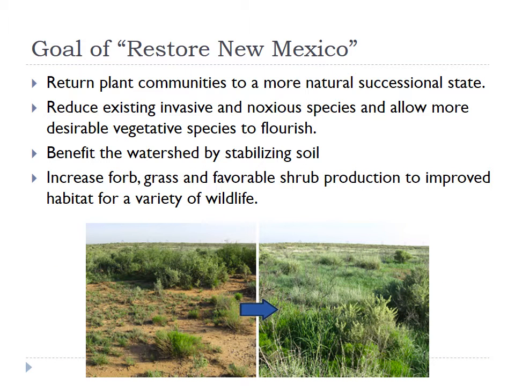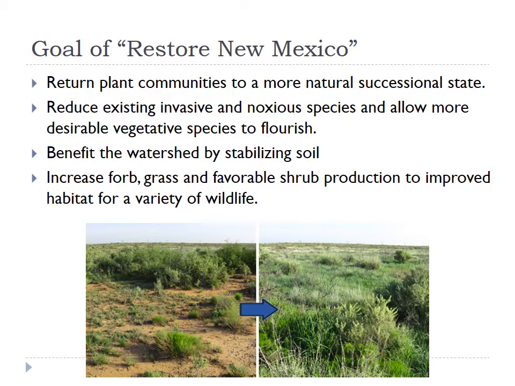The land managers then in New Mexico, led by the Bureau of Land Management, decided to try to do something about it. They wanted to return those plant communities to a more natural or historic successional state. They were especially worried about invasive plants and non-native species, and they wanted to allow the native plants to flourish.